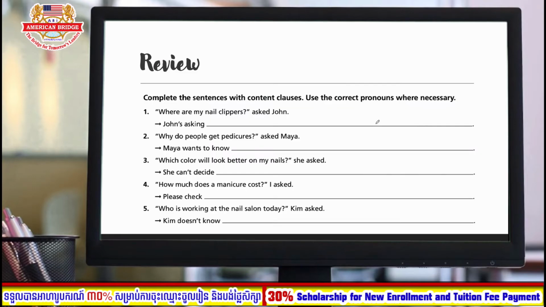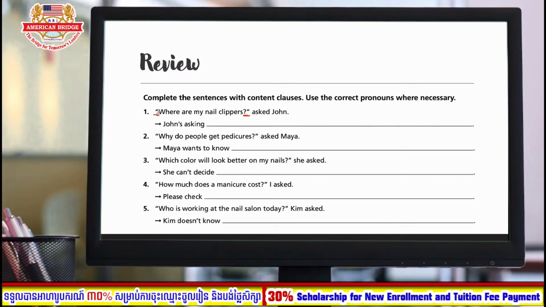So everyone, here is the review section. As you can see right here, we have 5 questions. Each question starts with the WH question, or it is known as the information question. And this is the direct speech. As you can notice, the quotation mark right here.